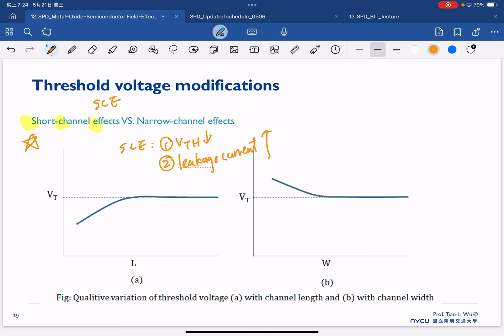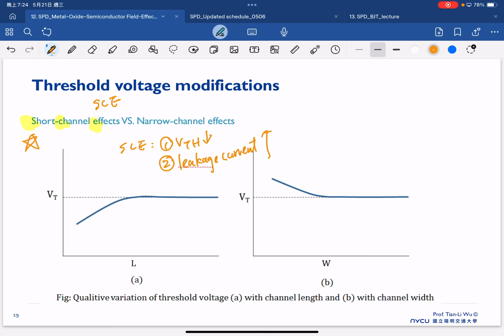which is increased. So then back to the first slide. When we talked about the evolution of our transistor from early time to the high-K metal gate, I already mentioned that one of the issues is the on-off ratio.